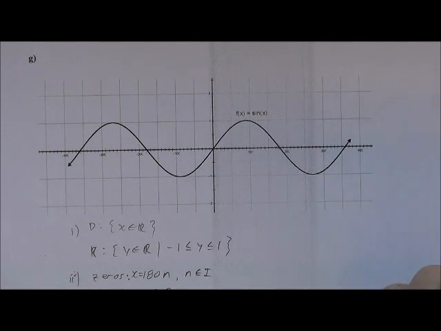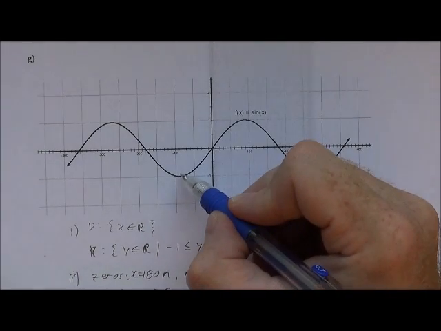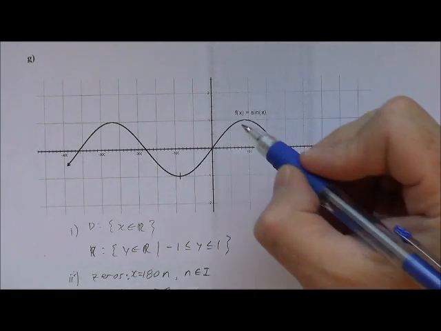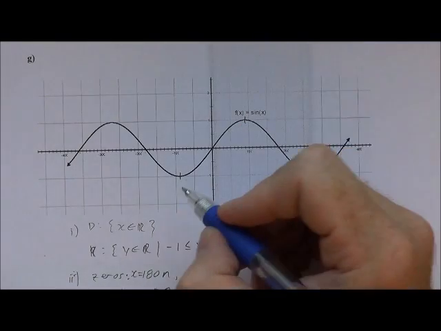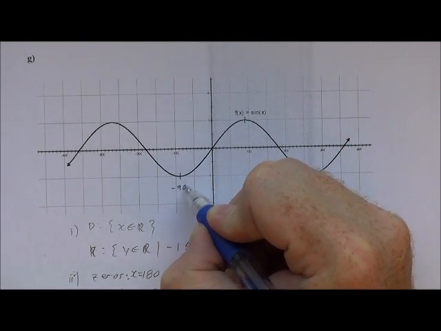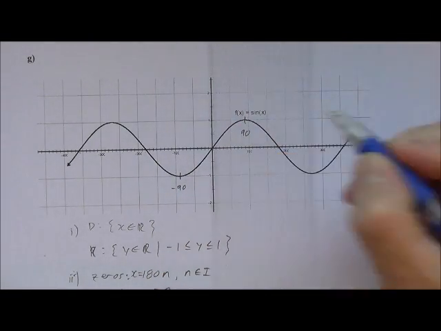For intervals of increase and decrease, now this one's a little bit trickier. Let's take a look at the increase for now here. We see that it's increasing from negative 90 to 90.